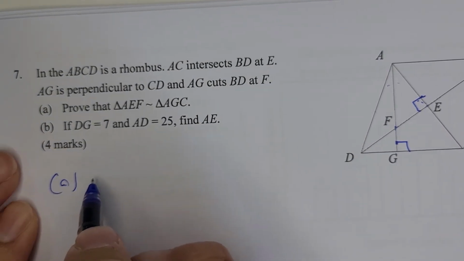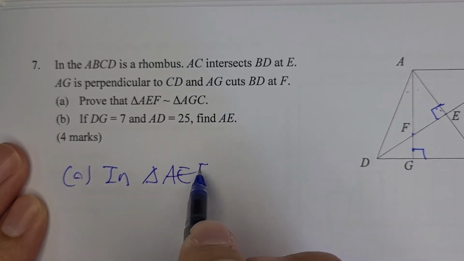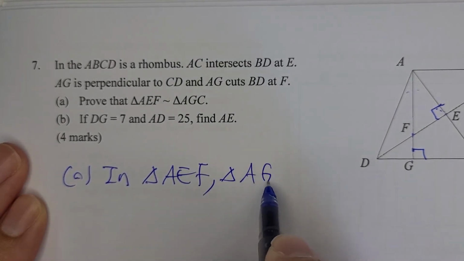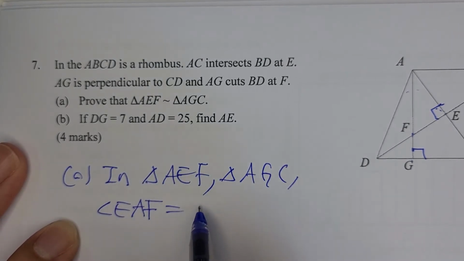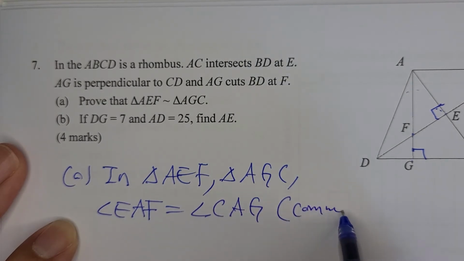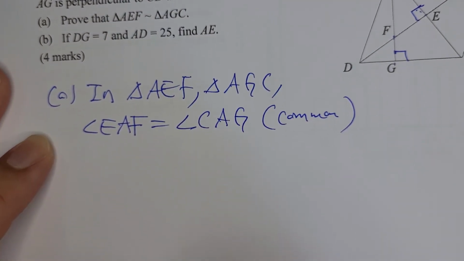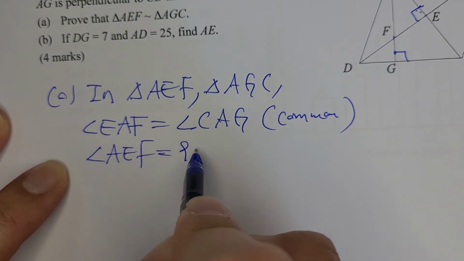So part A, in triangle AEF, triangle AGC, angle EAF equals angle CAG, common. They share the same angle. On the other hand, angle AEF equals 90 degrees.